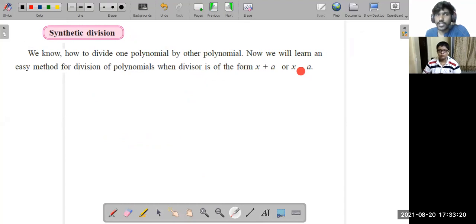The polynomial can have any number of terms, but your divisor is of the form x plus a, x minus a. Such a division is called synthetic division.